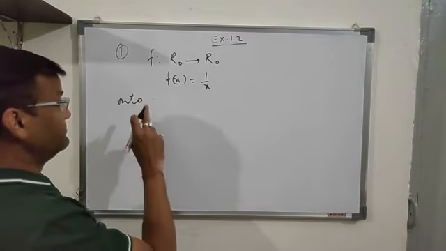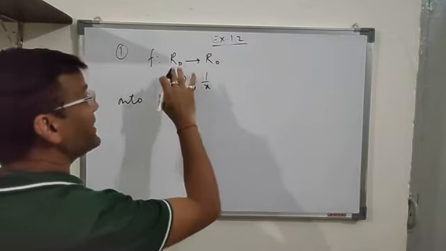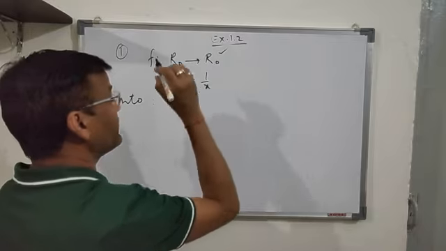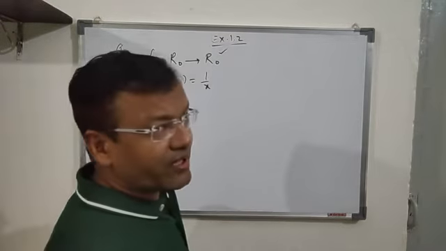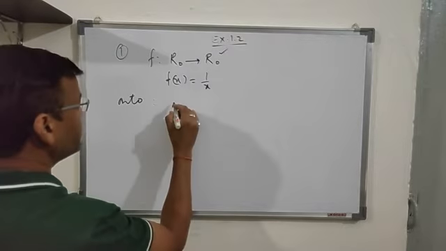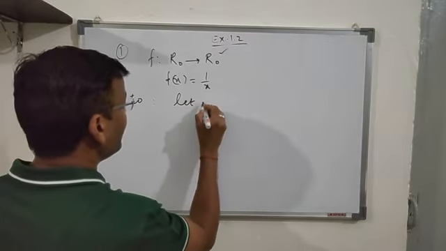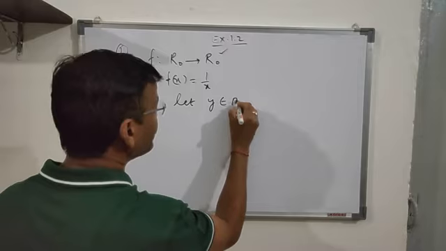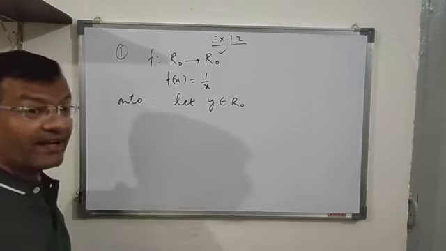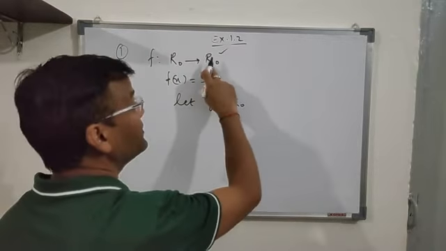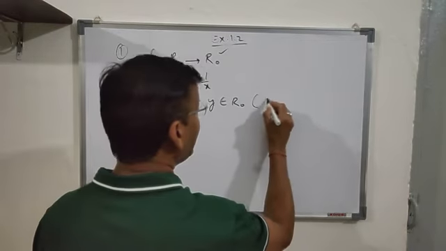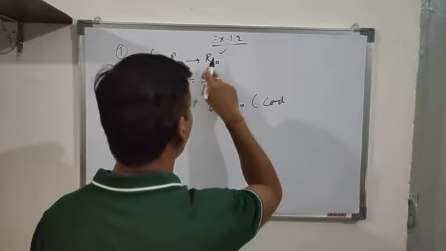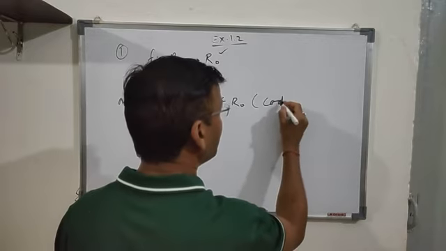First of all, we will be assuming an element from the codomain. So simply you have to write, this is the set format of the solution. Let us assume that y belongs to R0. Now from where are we taking R0? We are taking R0 from the codomain. That's very important because both of these are R0. So you have to write it here, codomain. If it is the same alphabet, you have to mention it, otherwise not required.